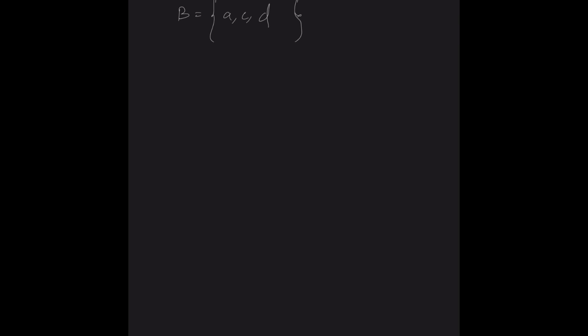Now, if B did not have a finite number of elements, that is, if it had an infinite number of elements, like this, and this goes on for infinity, then we could define B as an infinite set.